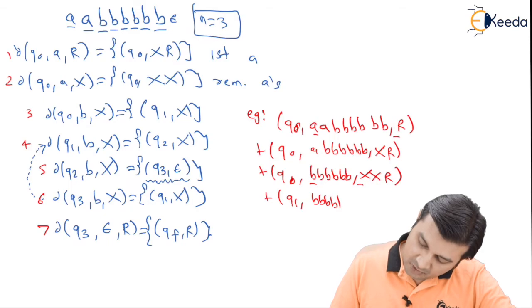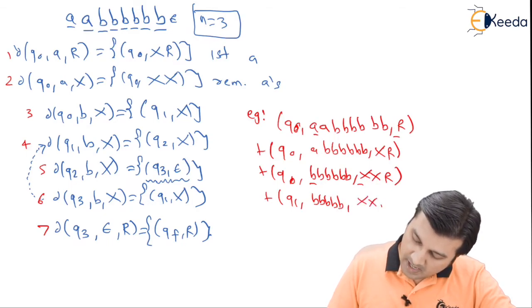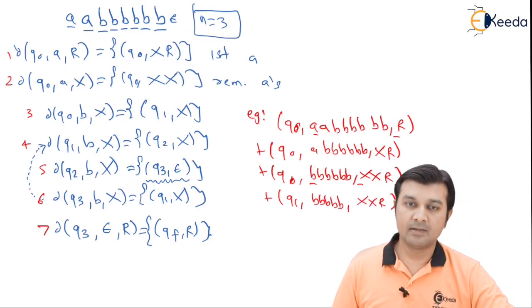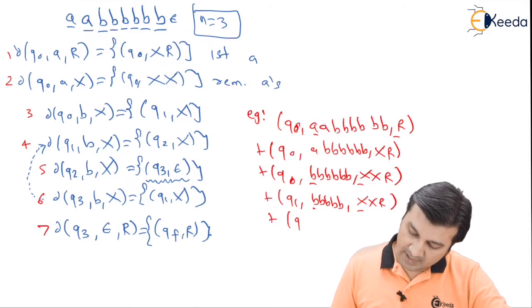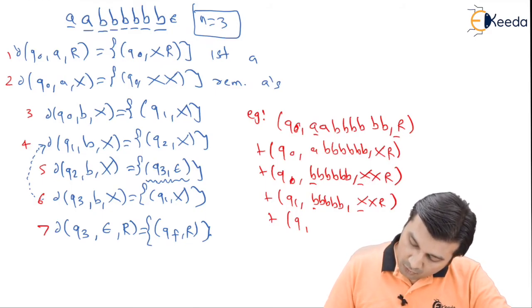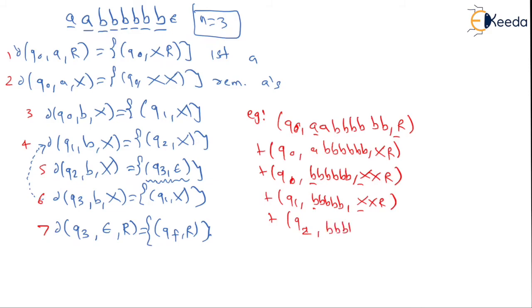I have 5 B's with me and do not touch the stack. Then I have state Q1 on B when the stack top is X. Using rule 4, I go to state Q2. I have 4 B's with me and I still do not touch the stack.